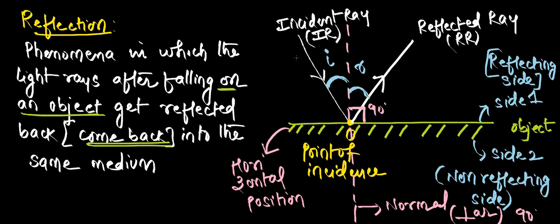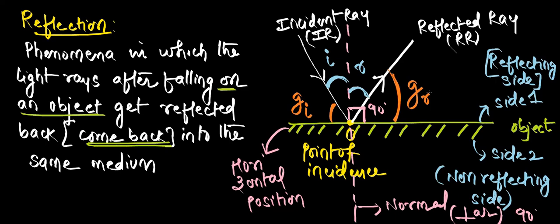Now, between the incident ray and the mirror, there is some gap. This is called glancing angle of incidence, so GI. G means glancing angle. This is for incident ray. Similarly, when you take the gap between reflected ray and the mirror, this is also called glancing angle, but this is for reflected ray, so glancing angle of reflection GR.